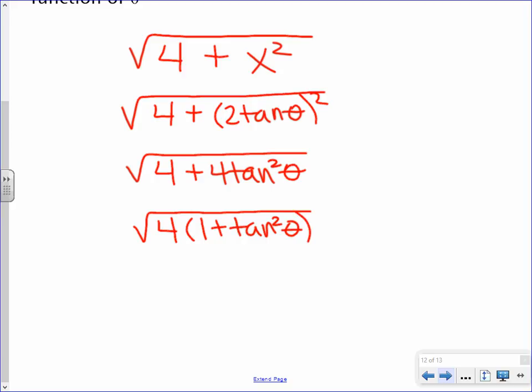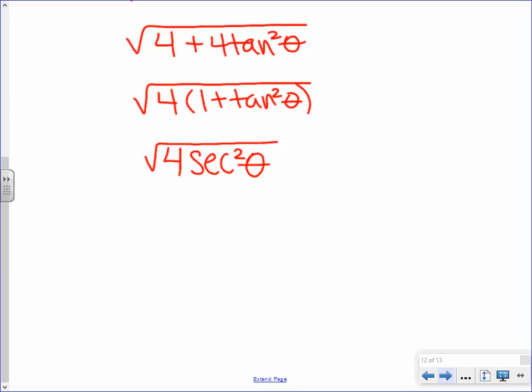Now, why did I do that? 1 plus tangent squared theta, is that something special? What is it? Say louder. It is secant squared theta. That's one of your trig Pythagorean identities.